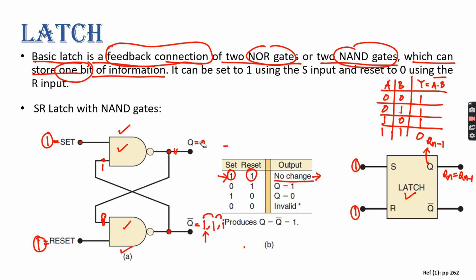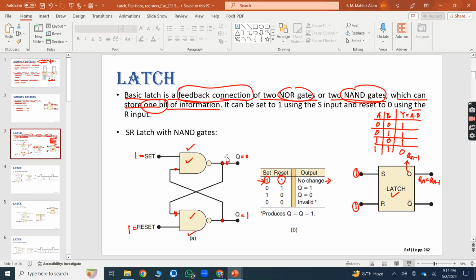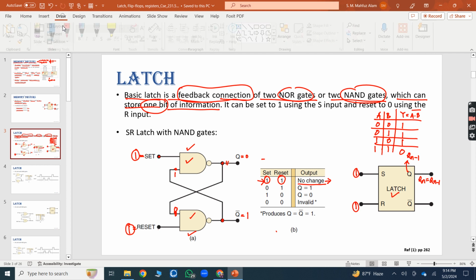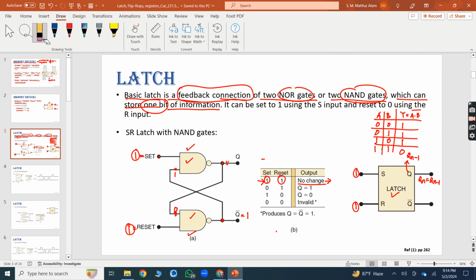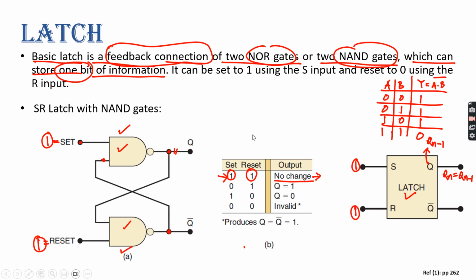So now if we consider this to be 1 and this to be 0, let's see what will happen now.